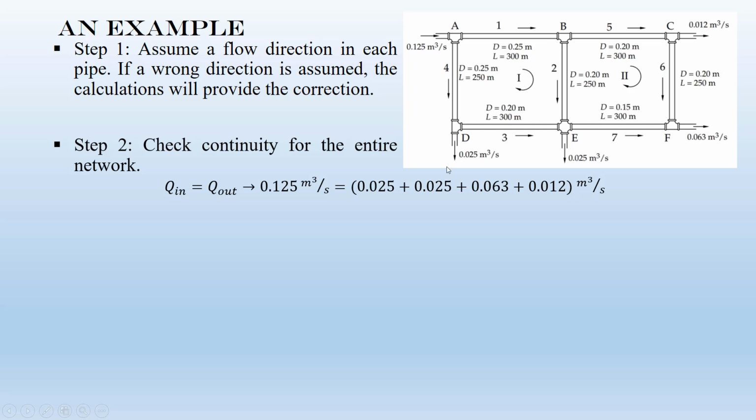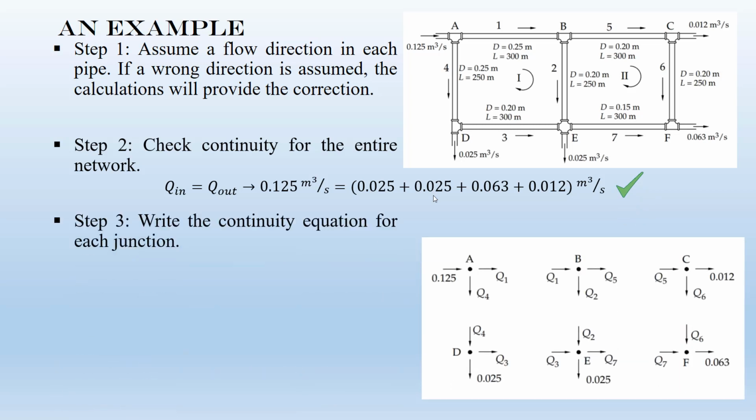Moreover, you need to check it. You need to make sure that the continuity equation is valid. So here the right side, the Q in equals the Q out, so the continuity equation is valid. So the next step, you need to write the continuity equation for each junction. So here there are 6 junctions, so you can write a continuity equation for each junction. For example, for junction A, we can write 0.125 equals to Q1 plus Q4.